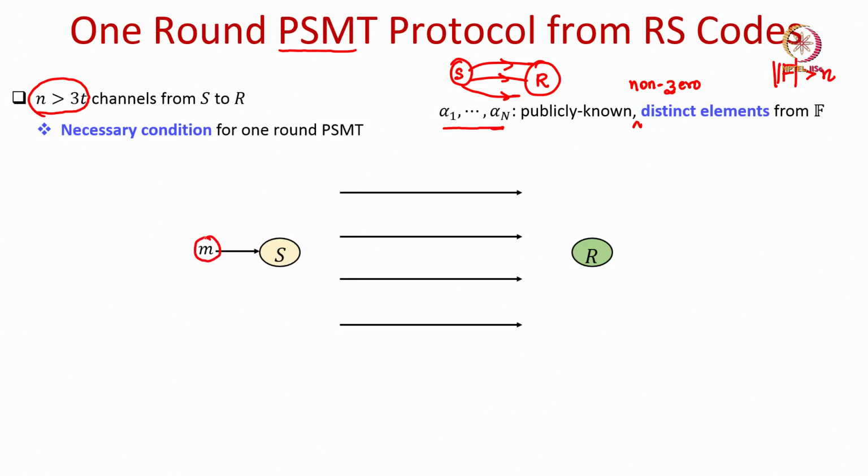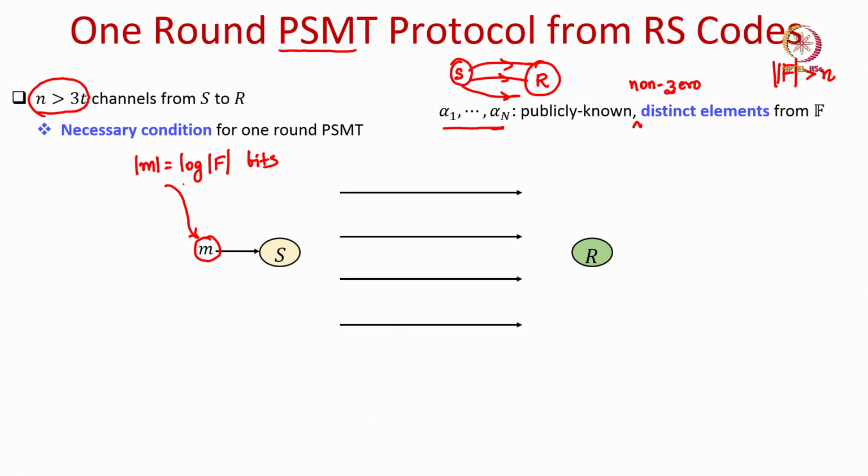You might be wondering how that is possible. What if the sender has a binary string which it wants to securely communicate to the receiver? Well, in that case we can always map that binary string to elements of the field and run this one round PSMT protocol. For instance, if the sender has a message consisting of log |F| bits, then that binary string can be interpreted as a symbol from the field, and then the sender can run this protocol.